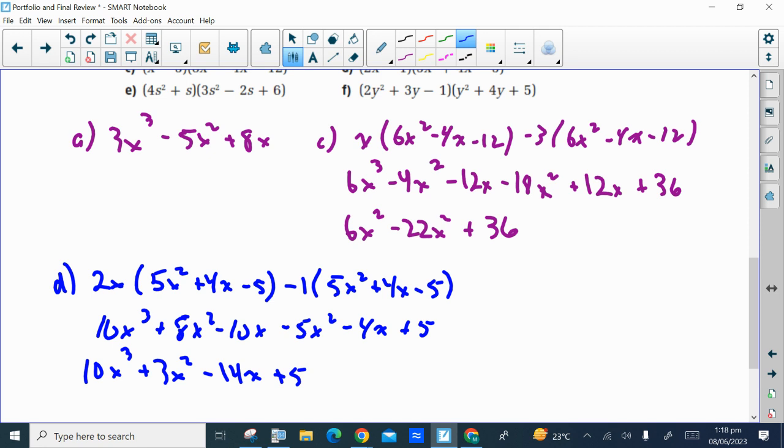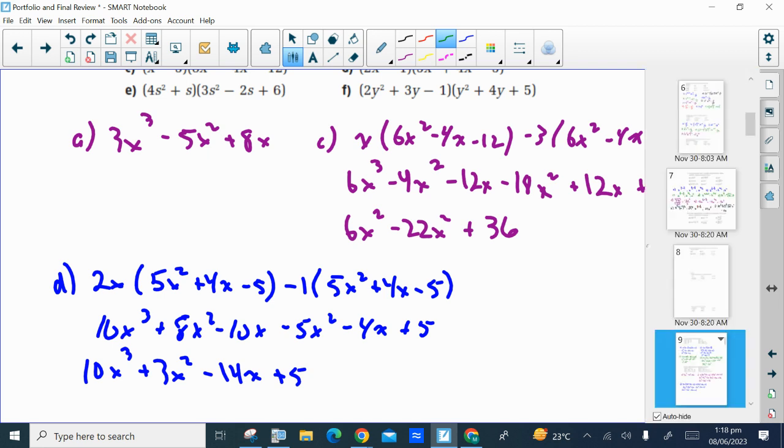Let's skip to question F. So you got a trinomial times a trinomial. So I'll start with the 2y squared. It's all going to be multiplied by all three terms in that trinomial.